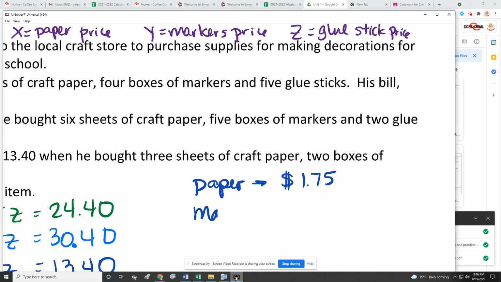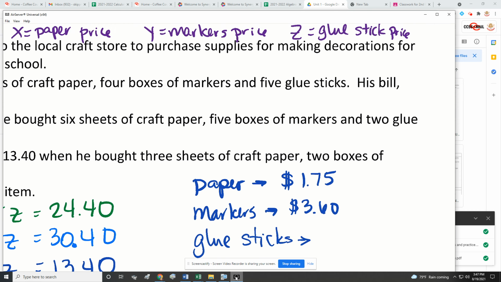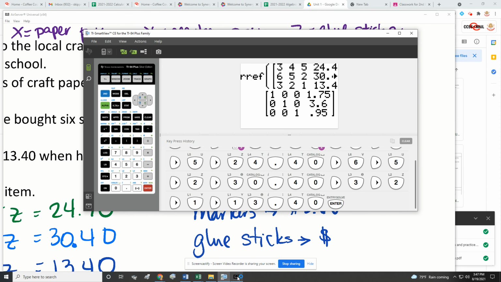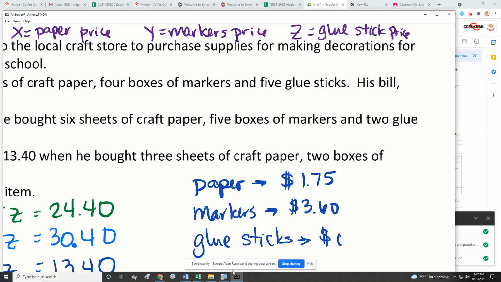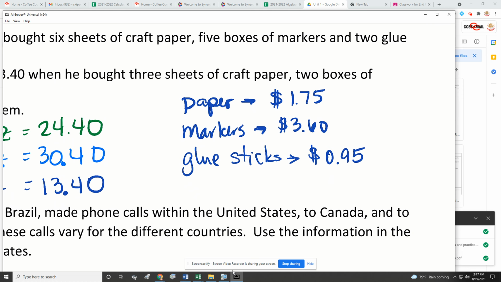So that means the markers cost $3.60. And then the Z is the glue sticks. It was, I think, 0.95. Yes. So that was 95 cents for a glue stick.